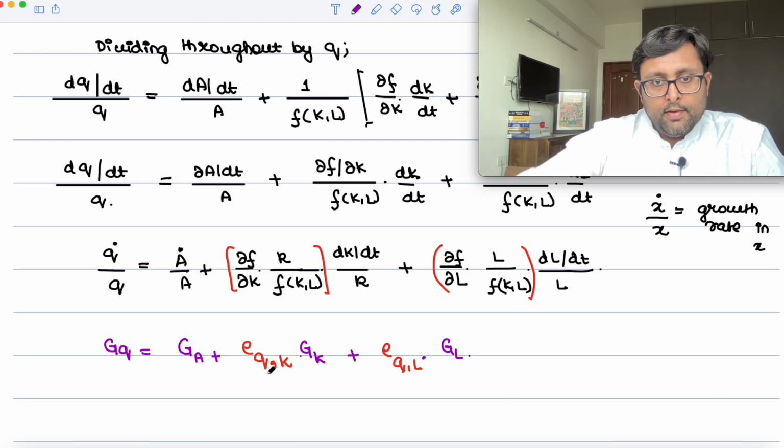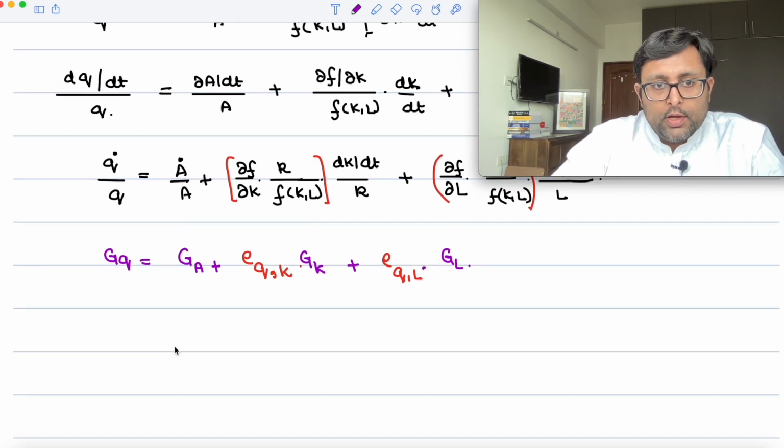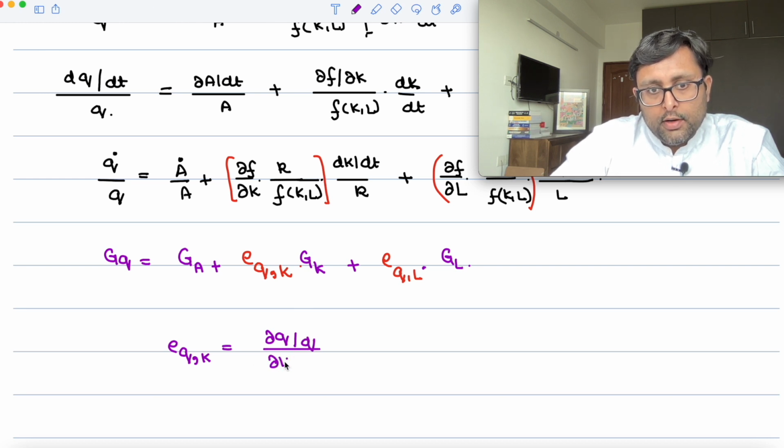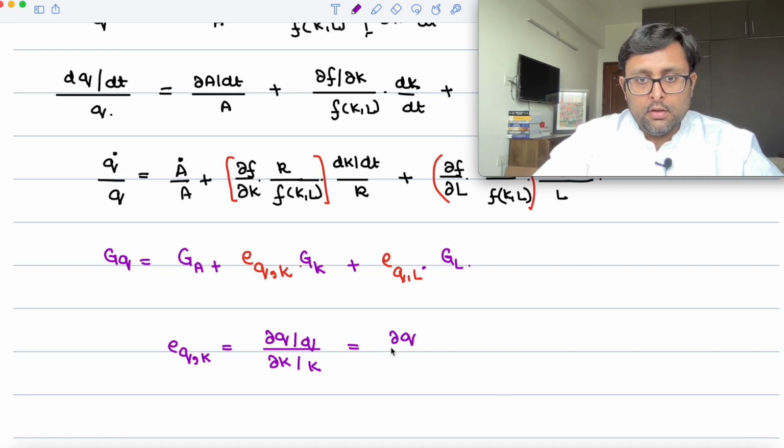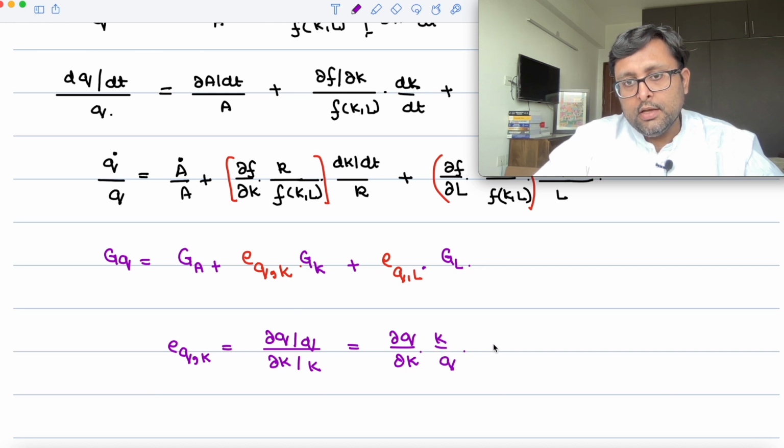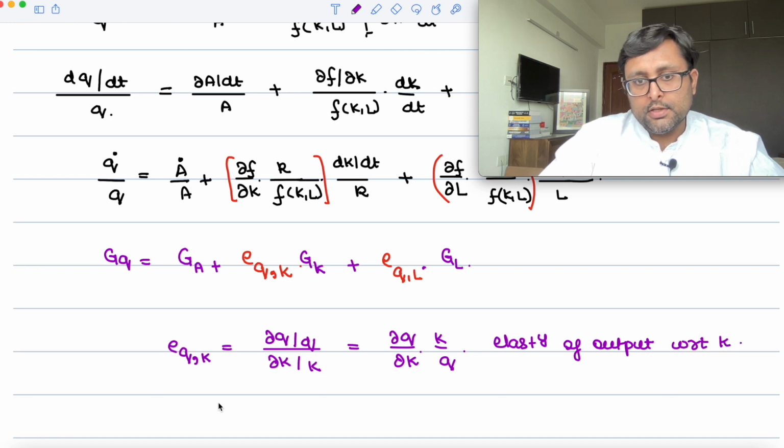Beta, what is this? EQK, that is del Q by Q whole upon del K by K. That is the proportionate change in output upon proportionate change in capital. Del Q by del K into K by Q. This is the elasticity of output with respect to capital.